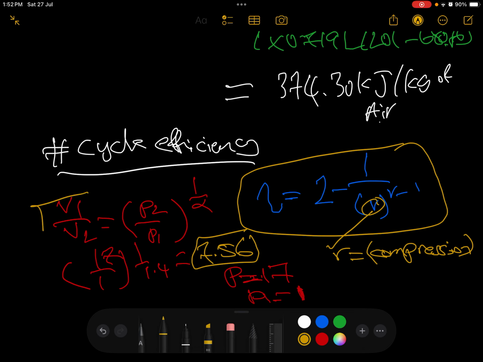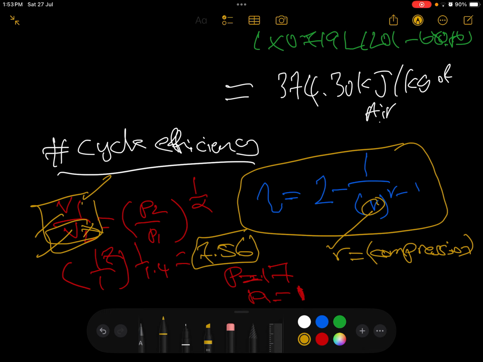If you do have V1 divided by V2 from the start, good. But let's go back. If we don't actually have V1 and V2, we can't apply it directly. Maybe you can have V1 but you don't have V2, so you can't do that mathematically, or you can, but you will end up finding V2.